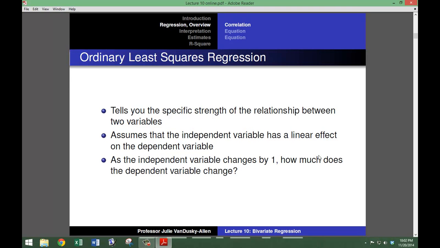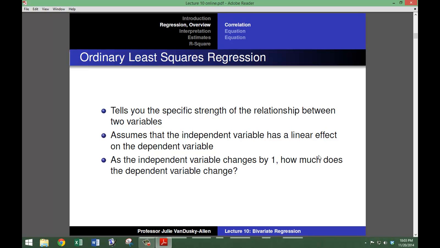In this lecture, I'm going to talk to you about ordinary least squares regression. Ordinary least squares regression tells you the specific strength of the relationship between an independent and dependent variable. It assumes that the independent variable has a linear effect on the dependent variable. In other words, it assumes that the effect of the independent variable on the dependent variable is the same across all values of the independent variable.